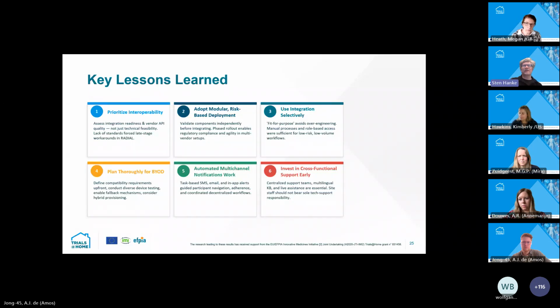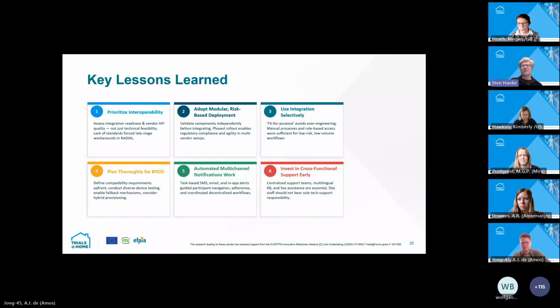So to summarize, some key lessons learned. Interoperability is quite a fancy word, I would say. It's also hardly achieved, especially if you go for different kinds of technologies. In my point of view, there's technical-wise still a lot to do. Some standards are also missing.